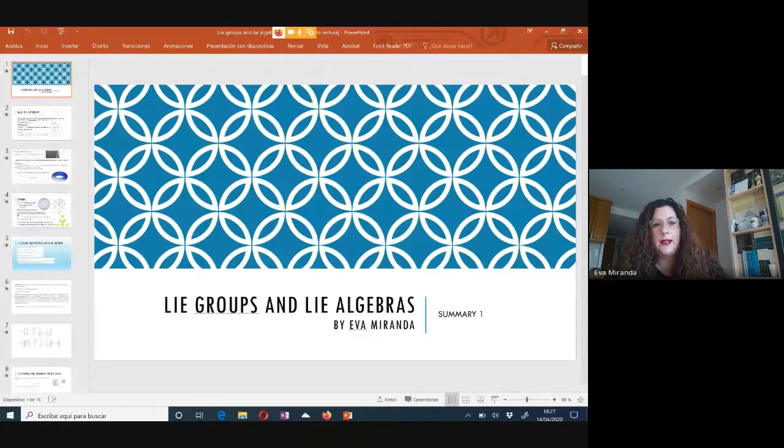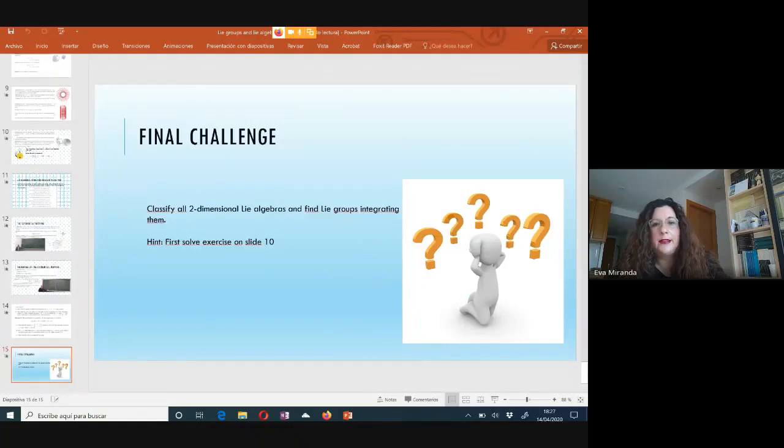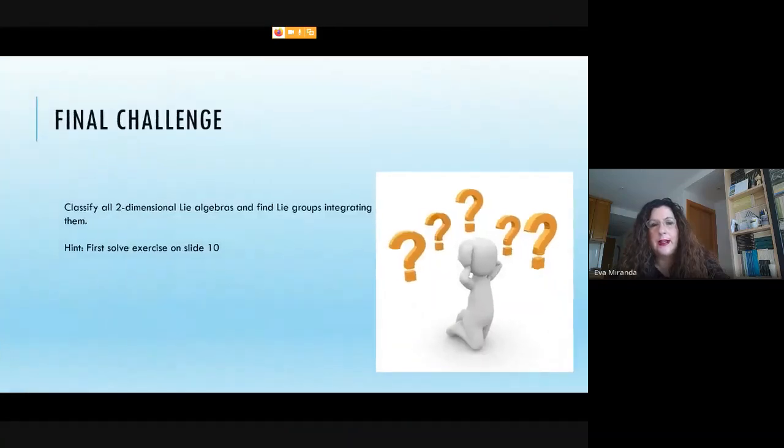At the very end of the slides, in the very last slide, we had this final challenge. The final challenge was: classify all two-dimensional Lie algebras and find Lie groups integrating them.